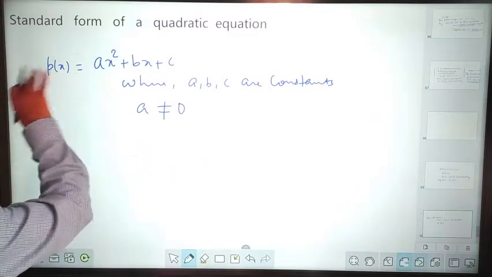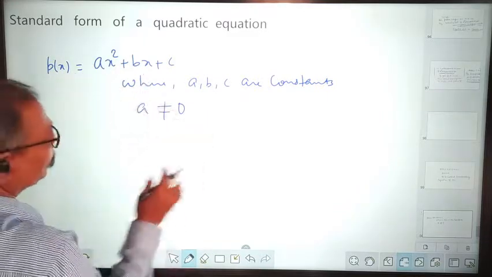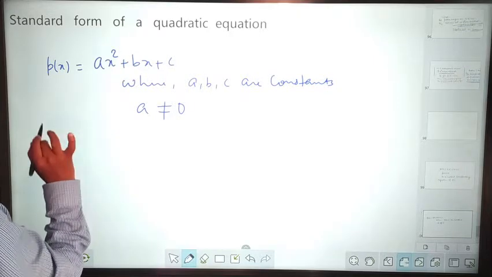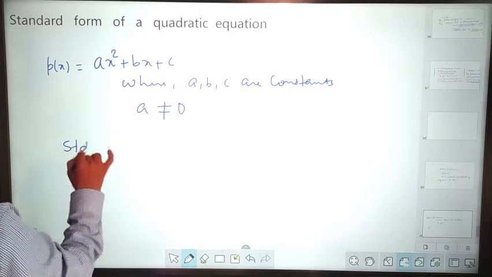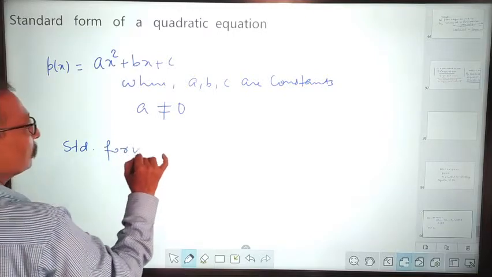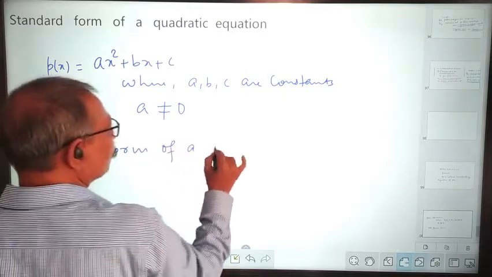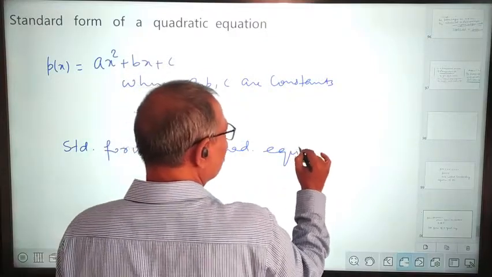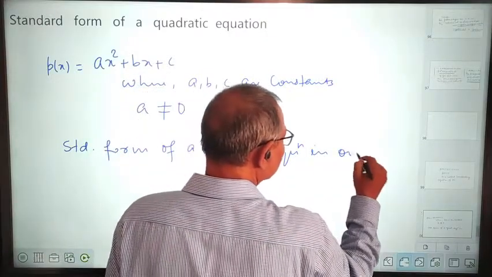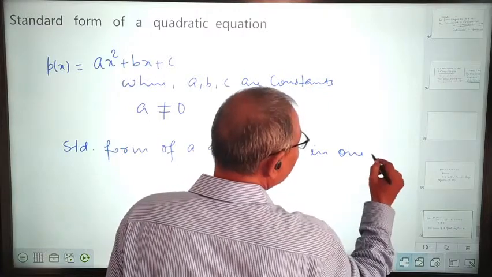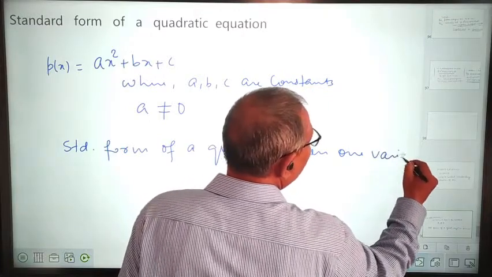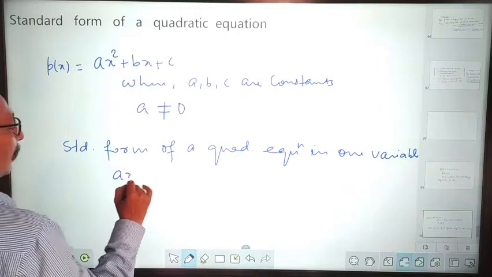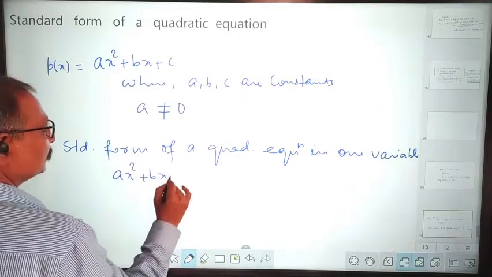This is the standard form of a quadratic polynomial, and therefore the standard form of a quadratic equation in one variable, we took x here only, will be ax² + bx + c = 0.